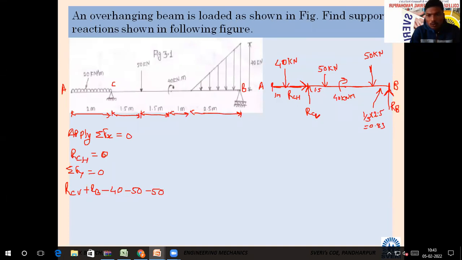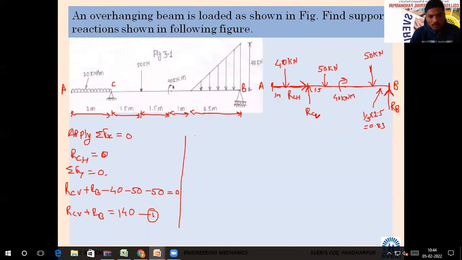Are you going to consider moment 40 kilonewton meter? आपल्याला ते करावं लागेल का इथं? No, we should not. Only in calculation of moment we have to consider that moment. If you will add here plus 40, your answer will be wrong. Keep in mind. So RCV plus RB equal to how much? 140. We will get equation number 1.